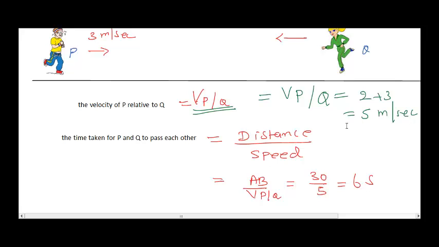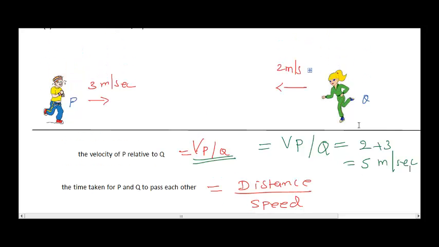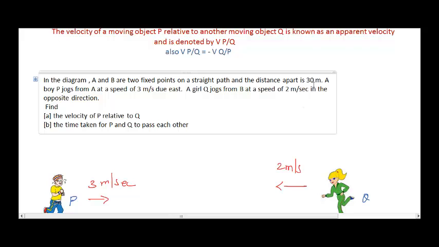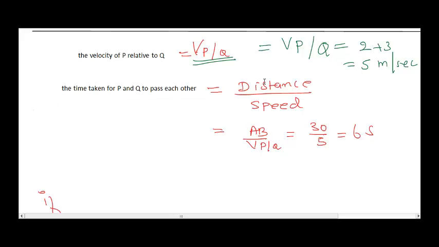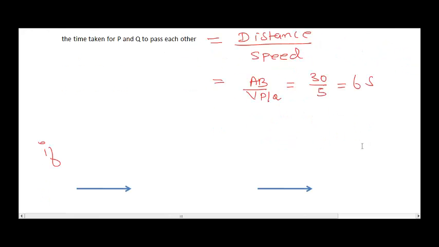So their total velocity, the relative velocity, is 5 meters per second. The total distance given is 30 meters. So the time taken would be distance upon speed: 30 divided by 5, which is 6 seconds, and they can meet each other, right?